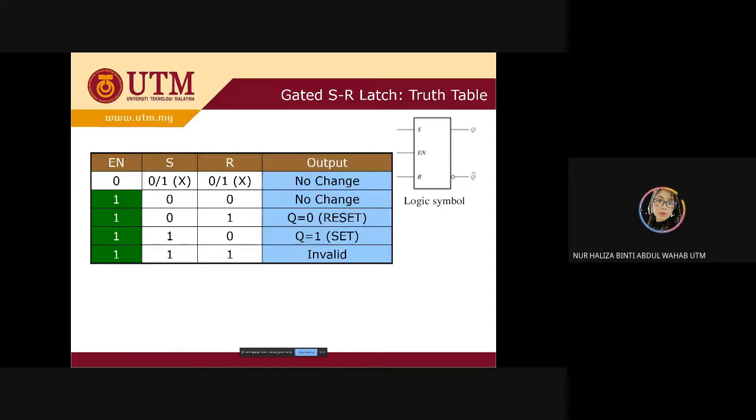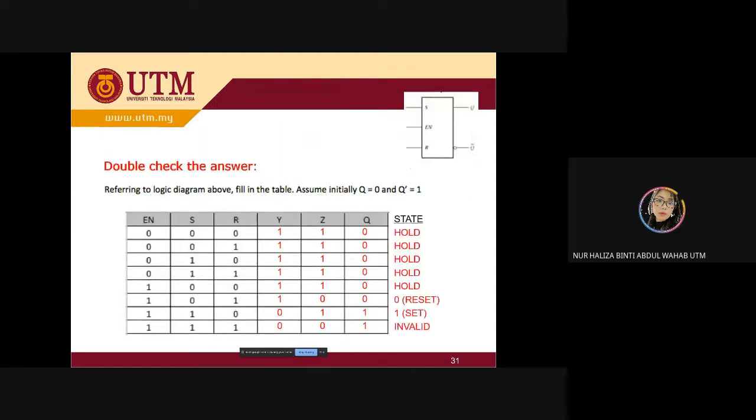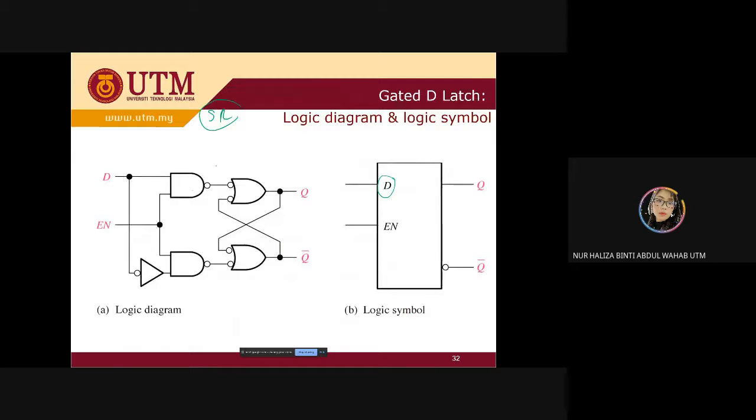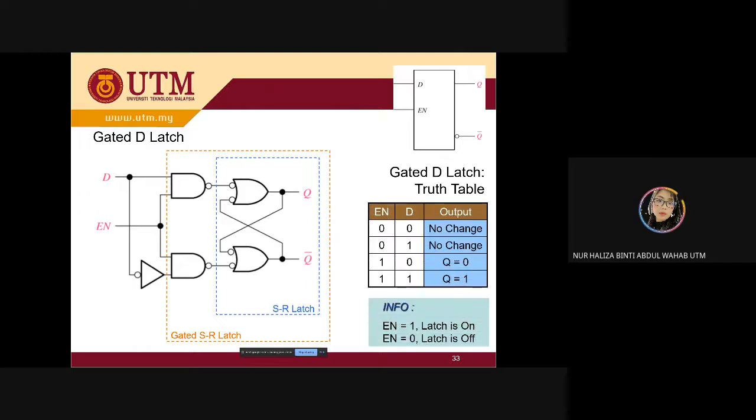So here is the D latch here. This is your SR. This is your gated SR. This is your altogether D latch. SR, gated SR, and altogether your D latch.